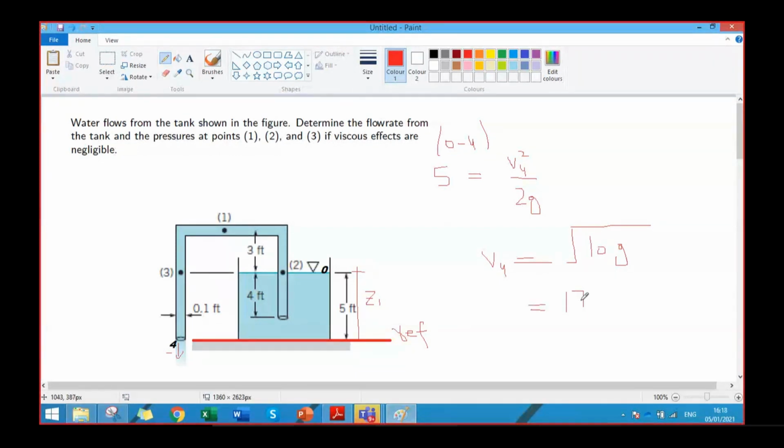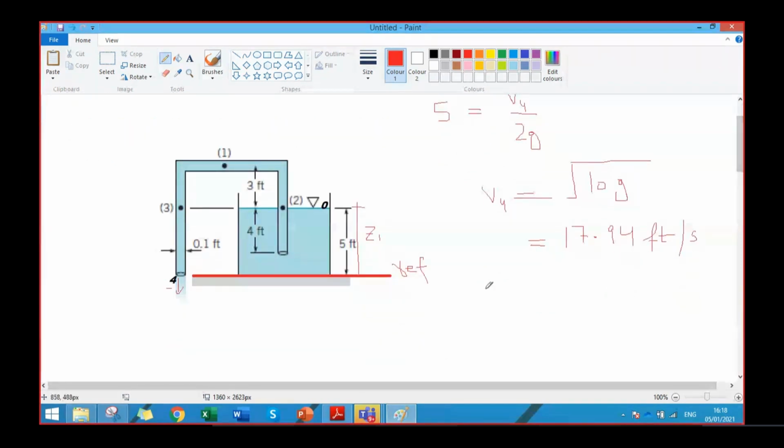Clear? Now flow rate is not a problem because the velocity at all the points is fixed, so the flow rate at points 2, 1, or 3 will be fixed. So we can calculate Q by using A4 times V4.